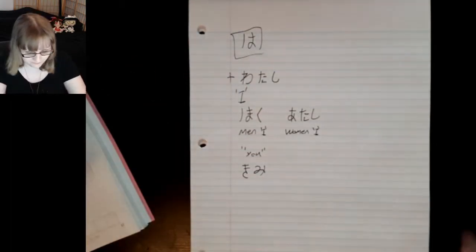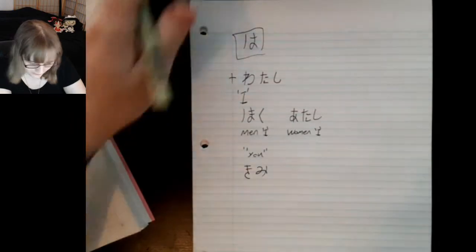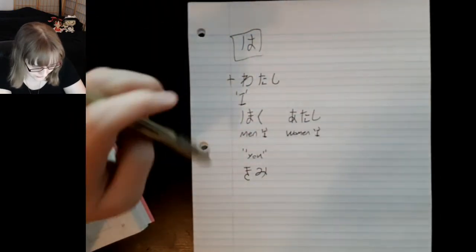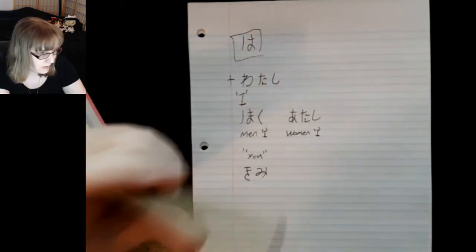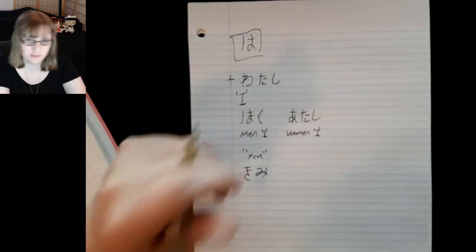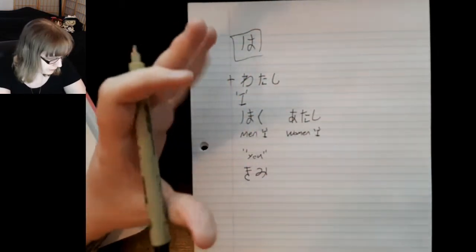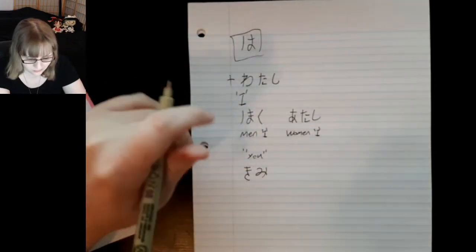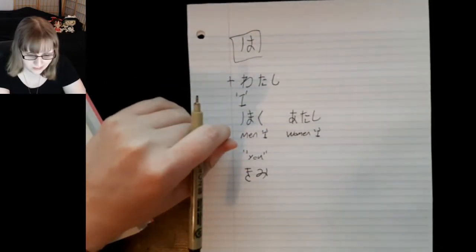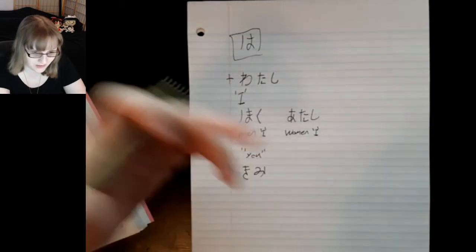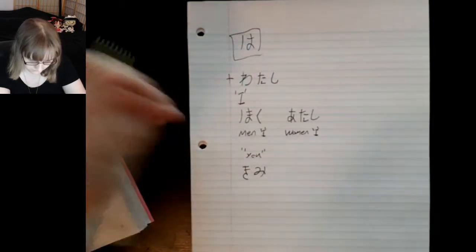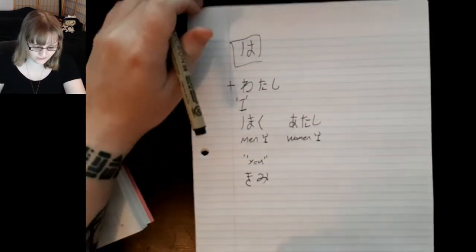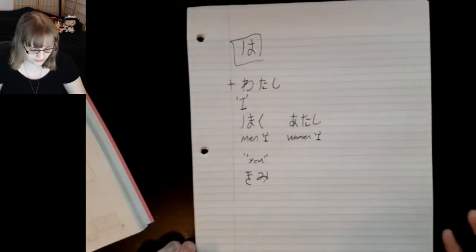However, once you learn a person's name, I would start substituting that instead of Kimi. I know it sounds a little weird in English, but it's not in Japanese. So, instead of saying Kimi, you'd say, Amy wa osake ga suki desu ka? That's how you'd refer to a person directly.